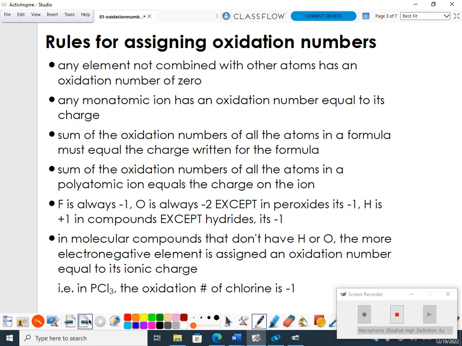Okay, so some of these rules are things that you already know. Anything that's in its elemental form is going to have an oxidation number of 0. So if you have sodium, which is a metal, all by itself, it's going to be 0. Most elements will not be tricky. Again, you just have to remember the diatomics.